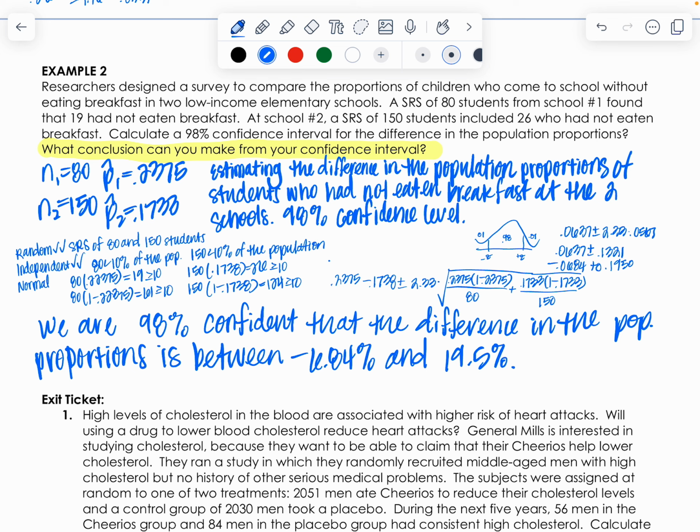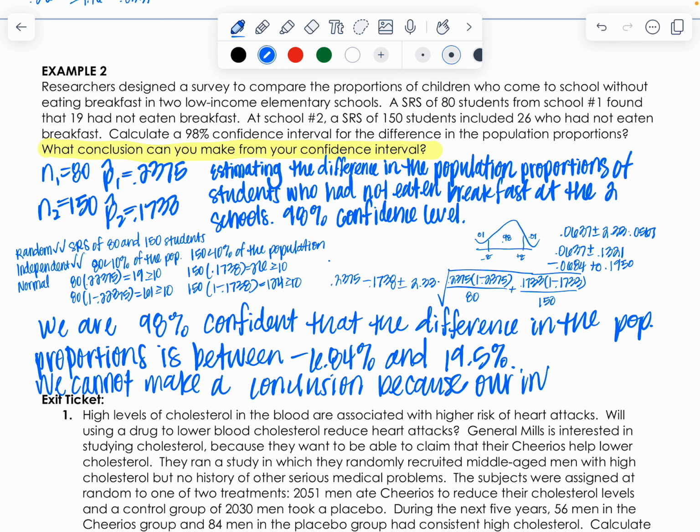So what conclusion can we make? We cannot make a conclusion because our interval contains negative and positive values for the difference.